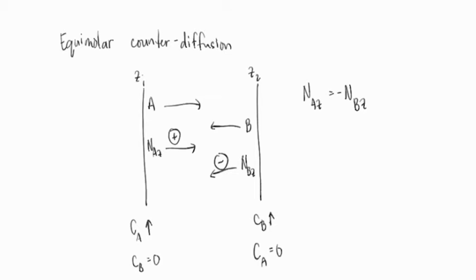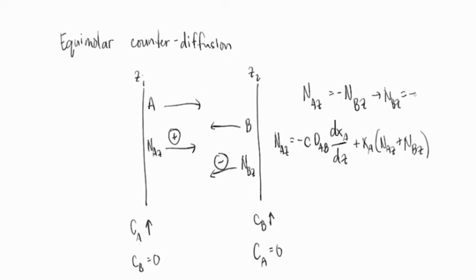If we go back to our general equation of diffusion, we have N_AZ is equal to negative C D_AB dx_A over dz plus x_A times (N_AZ plus N_BZ). Now, based on our understanding of equimolar counter-diffusion, we say that N_AZ is equal to negative N_BZ. Therefore, we can also say that N_BZ is simply equal to negative N_AZ.